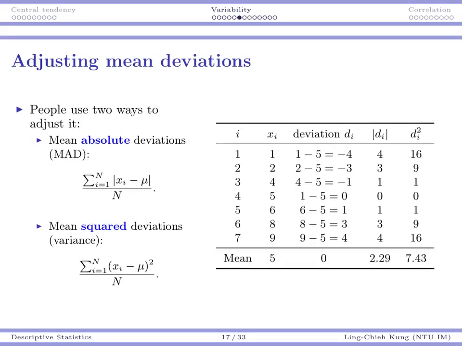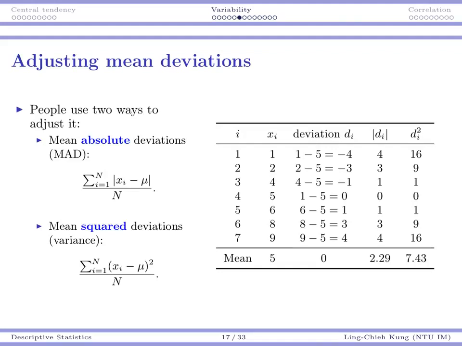Well, so what do people do? People use 2 different ways to do the adjustments. These are the 2 most common ways for people to do it. But of course, you can invent or design other measurements, but these 2 are more popular. One is to take the absolute values of all the deviations. And once we do this, we call it the mean absolute deviation, abbreviated as MAD.